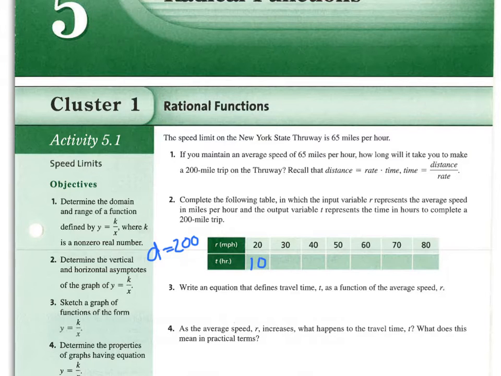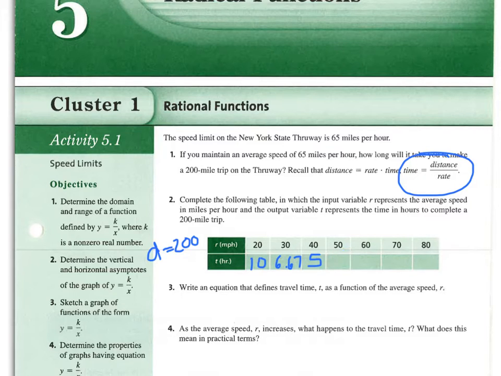If I go 30 miles per hour, then this is going to take me 6.7. Each time I'm just doing this right here. Time equals distance over rate. If I speed up to 40 miles per hour, it will take me 5 hours. Oops, I missed one in there. Sorry about that.